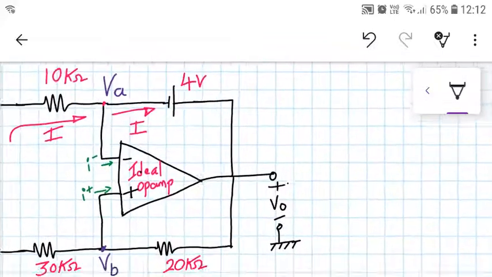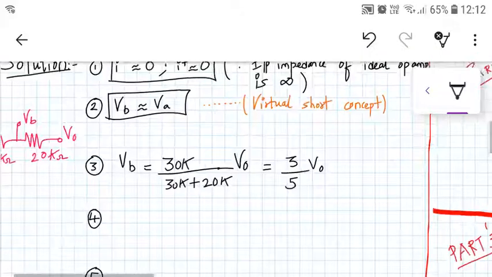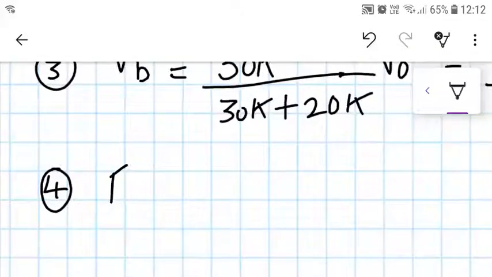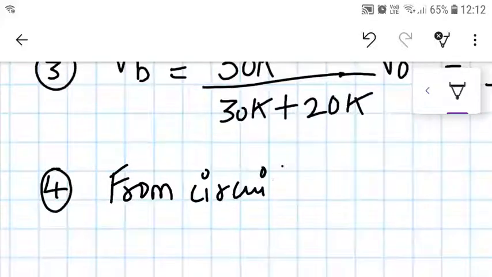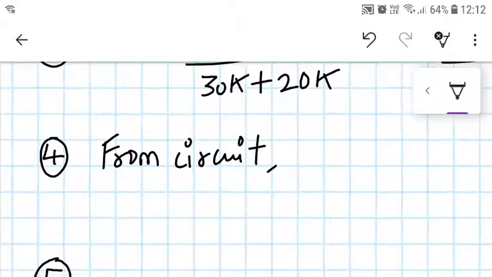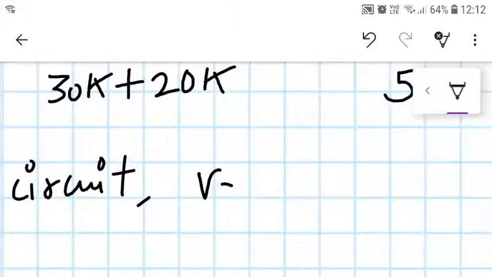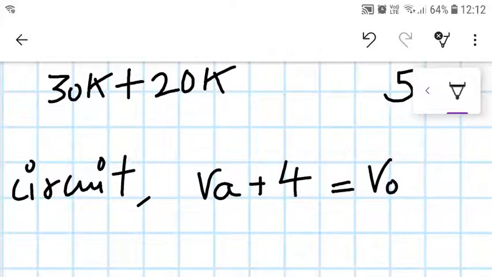So from the circuit we can write VA plus 4 is equal to VO.